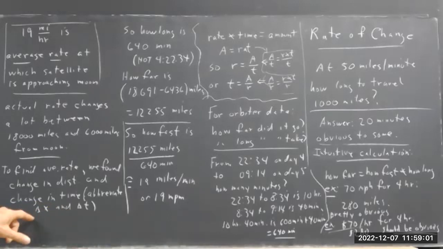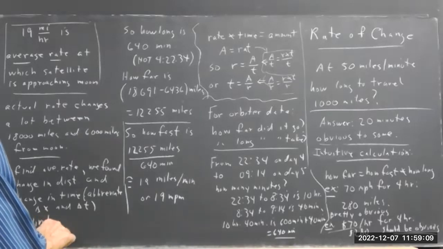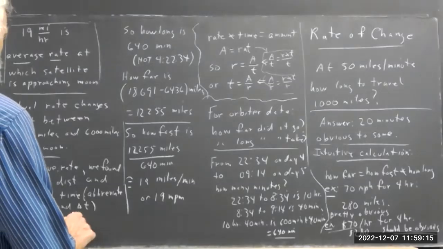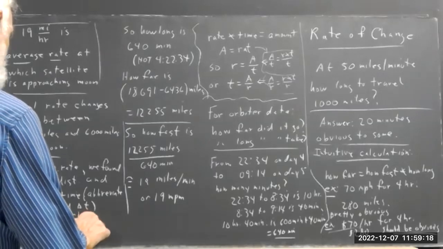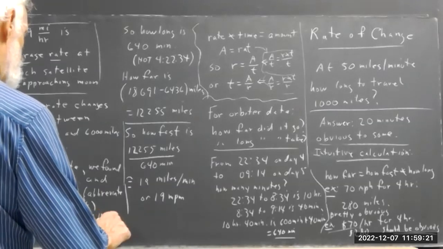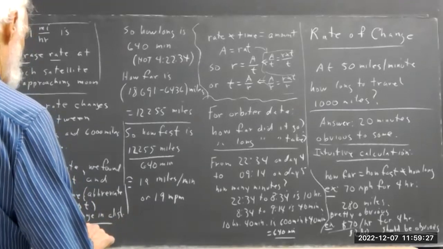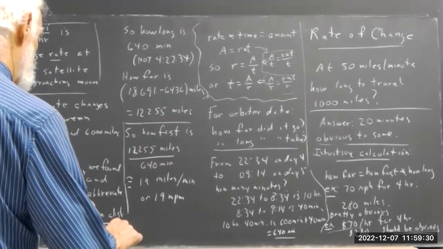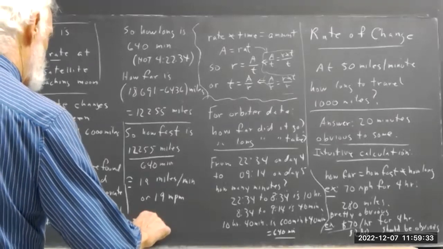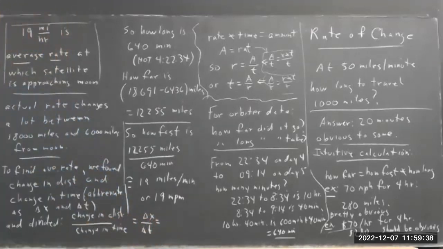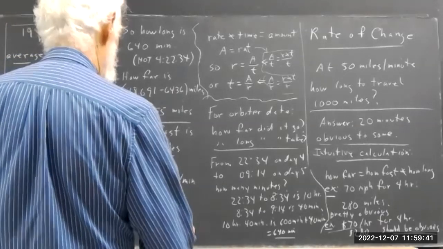So delta x over delta t, which is your 12,000.